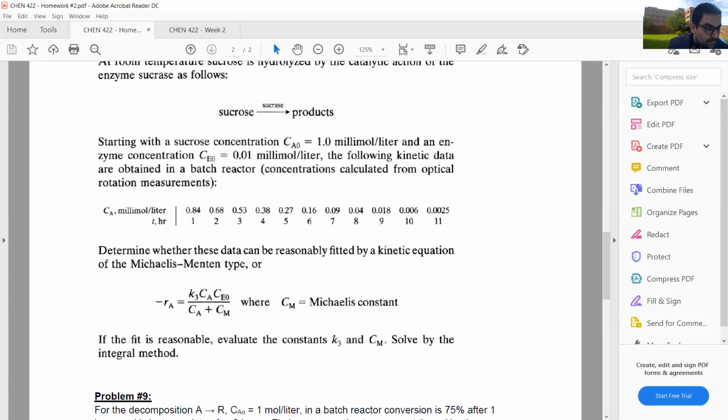And you're being asked to use the integral method to do so, and then once you verify it fits, find the values for K3 and find the values for M, right? Sounds good. So let's go back to the starting point here.